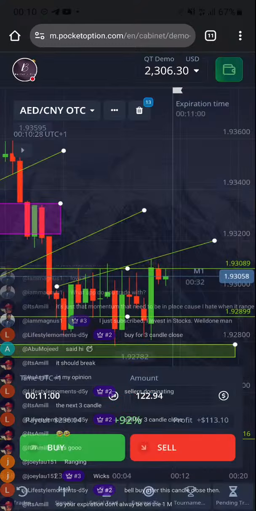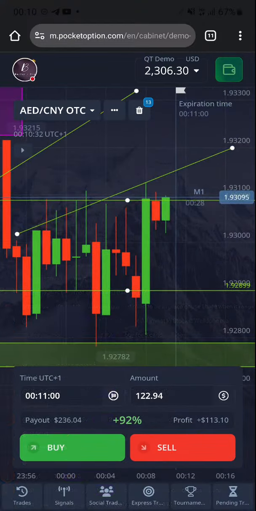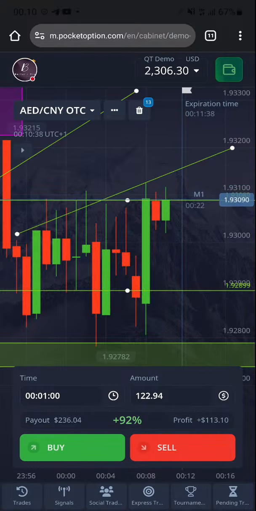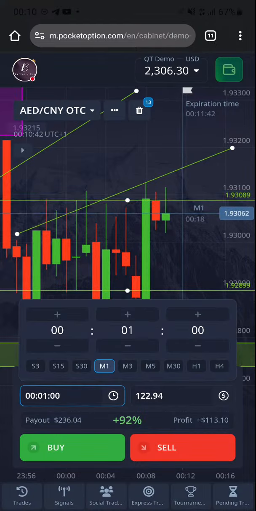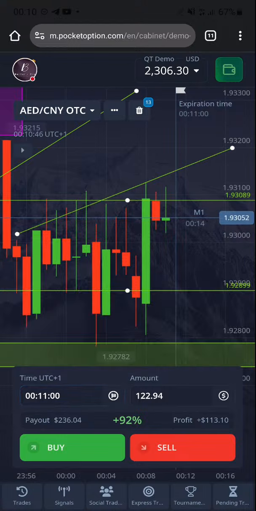It actually means M1. But the thing there is, there are two modes over here. I'm using the flag mode. This is the regular mode. The normal timer mode is one M1, you can see. But me, I'm using the flag mode. What the flag mode does, it's still M1, right? But it closes when your candle closes.